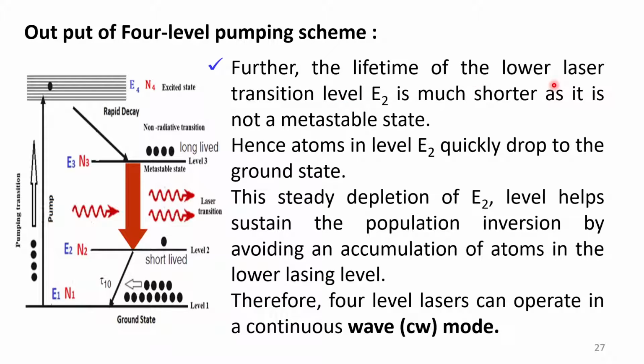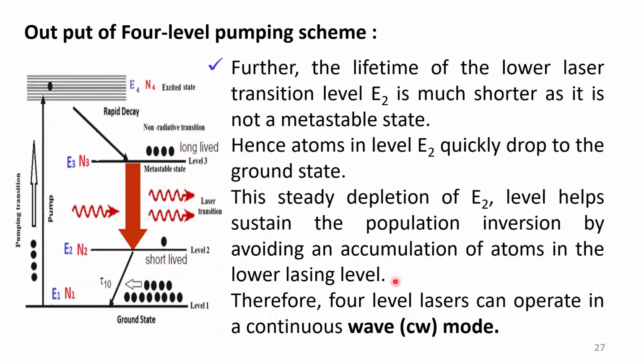We know that the lifetime of the lower laser transition level E2 is much shorter, as it is not a metastable state. Hence, the atoms in the level E2 quickly drop to the ground state. Now, this steady depletion of the E2 level helps to sustain the population inversion by avoiding an accumulation of atoms in the lower lasing level.